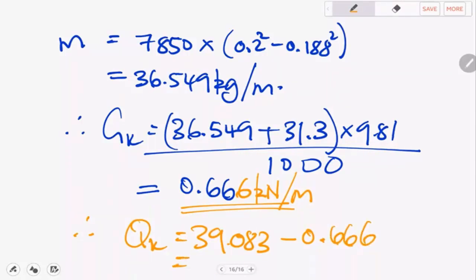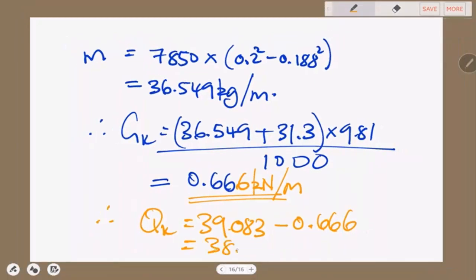And what does it give you? 38.417 kilonewtons. So that's the maximum live load which you can put on that beam per meter, so that the beam does not break.